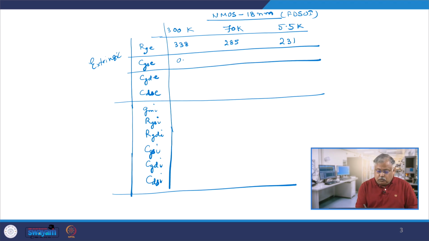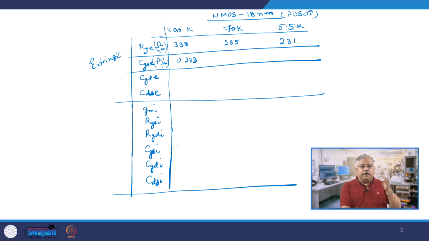CGSE will be 0.233. All the capacitances are in femtofarad per micrometer, and the resistances are in ohms per micrometer, so this is basically a width-quantized resistance in a sense, right? So that you need to find out. This is 0.233 and this is 0.233.